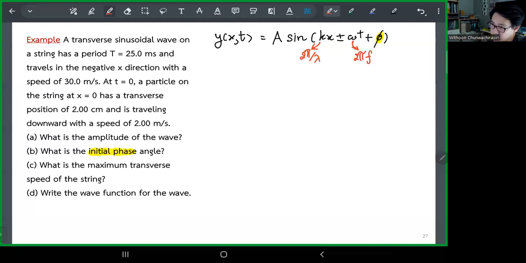Just to emphasize again, I think we spoke of this a couple of times in oscillation problems. f is just frequency. If you want to convert the unit from revolutions or rounds per second into radians per second, all you need to do is multiply by 2 pi. So that factor 2 pi is just a conversion factor.